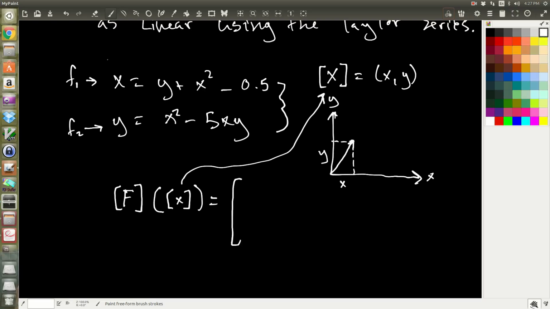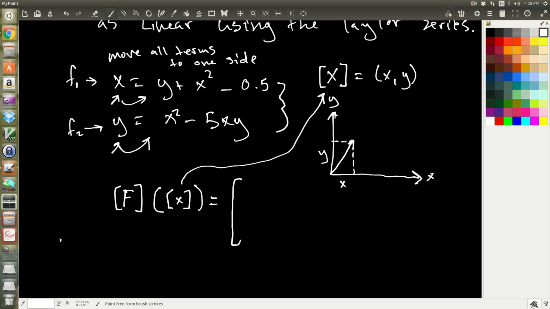So first, we move all terms to one side. So we might move this term over to this side of the equal sign, and this term, the y, over to this side of the equal sign.